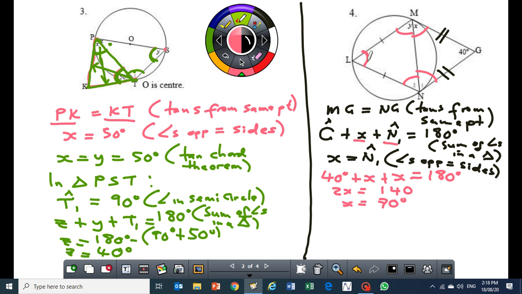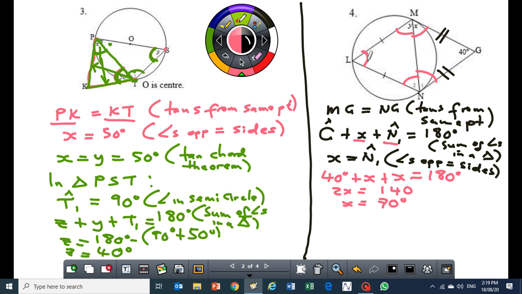So we don't have a square here, we don't have a rectangle, we don't have a rhombus, we don't have a parallelogram. Unless you prove it. So if you want to use parallel lines, then you must prove that GNLM is a square, is a rhombus, is a rectangle. That's more complex.